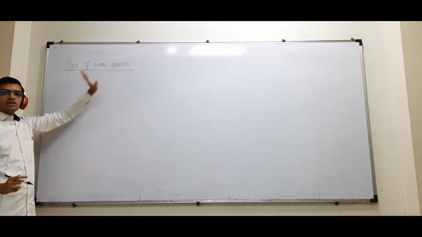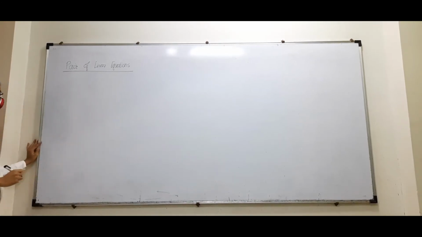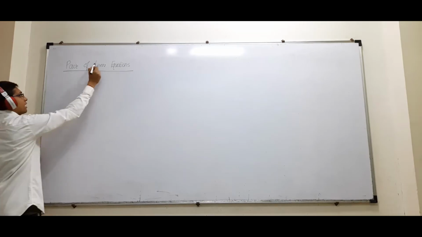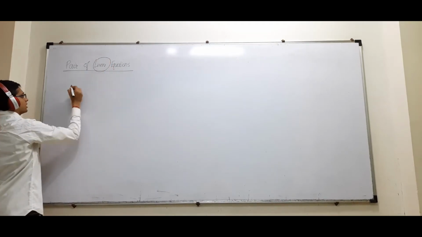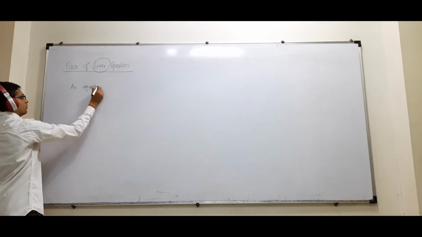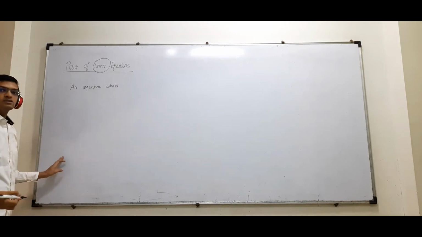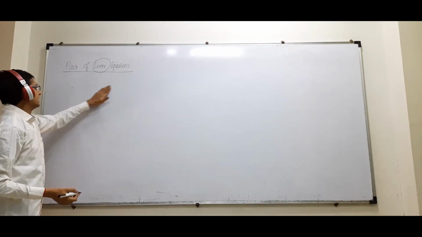If you remember, you know what is the meaning of equation. Equation means any expression which has an equal to sign. Now I want to talk about linear equation. So an equation whose variables highest power is 1 is called as linear equation.